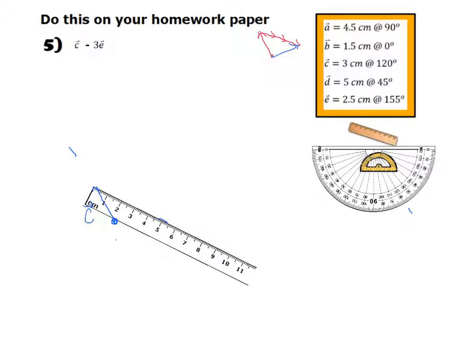So let me rotate it to that-ish. All right, going with that. Now, I have to draw vector E 3 times going that way. That's 2.5, 3 times. So what I'm going to do is I'm just going to mark at 2.5, and then another 2.5 would be at 5, and another 2.5.